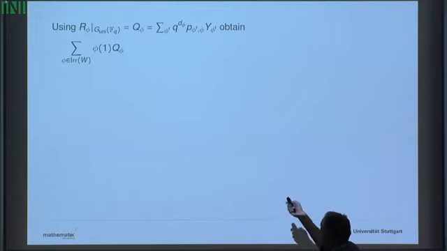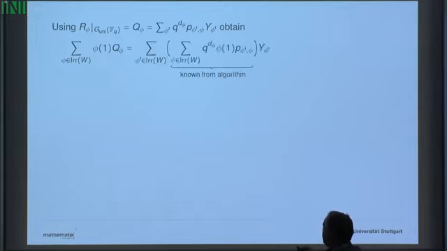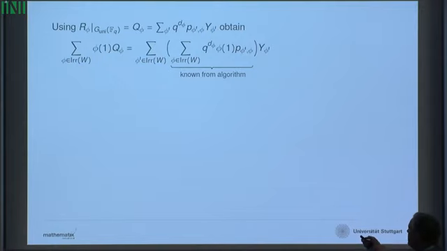We put in the formula from above, so we get a double sum over phi prime. I rearranged the 2 sums, so you get this. And here the middle term, all this is known from the Lusztig-Shoji algorithm. Let's call this coefficient simply p_phi tilde. So we write this whole sum just as a sum of Y functions.